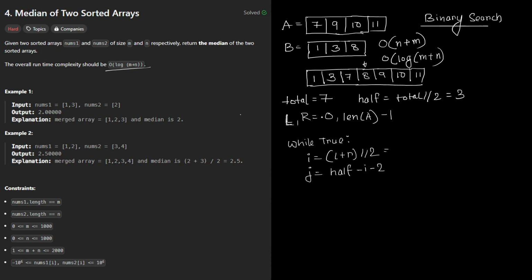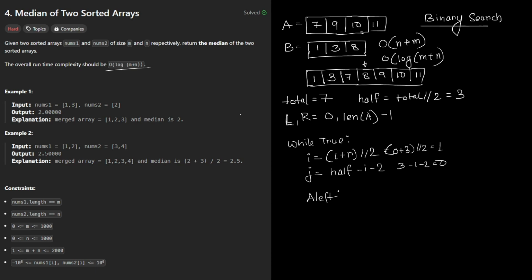So in this case, our R value is going to be 3. If I just add it, 0 plus 3 double divided by 2, it would be 1. And half would be 3 minus 1 minus 2, which is 0, the j pointer. Now we are going to have certain values. A left, A right, the way you're calculating it is very interesting.